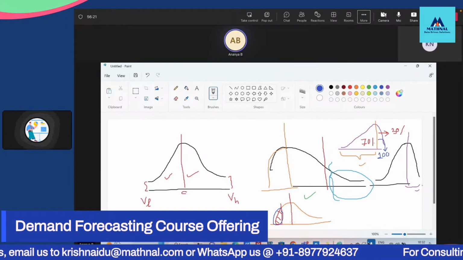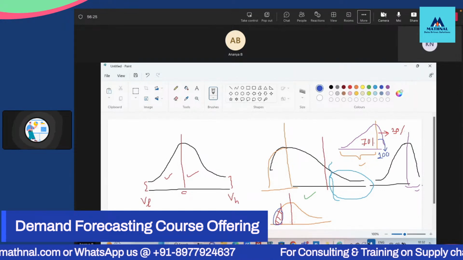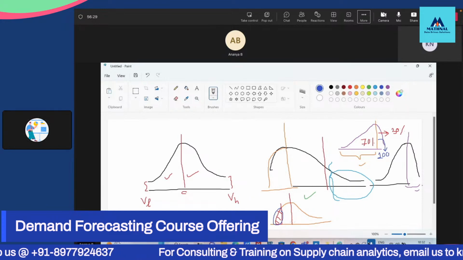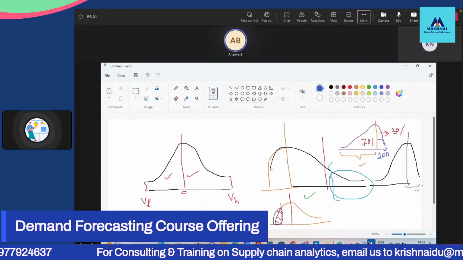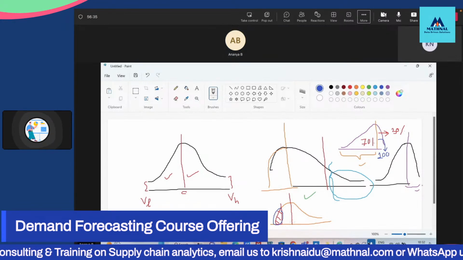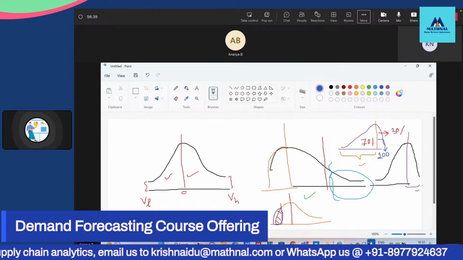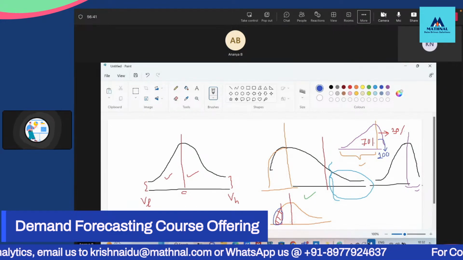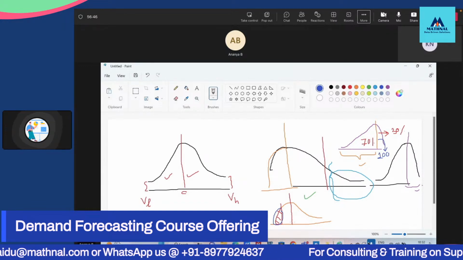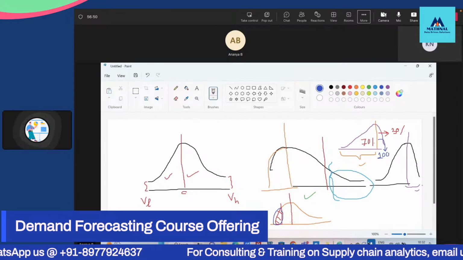I'll make a forecast on the basis of 3 months, but my aggregation will be done on the basis of 6 months. If I say, no, 20 sample points are too few, now I'll make it 1.5 months, 45 days. It will become 40 data points. But even if I make 1.5 months my time horizon, my decision will be based upon 6 months only.